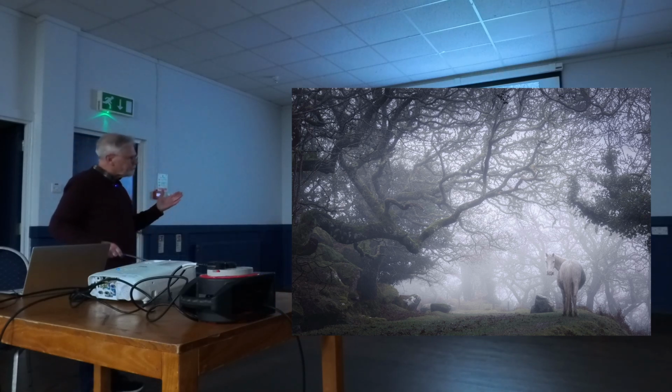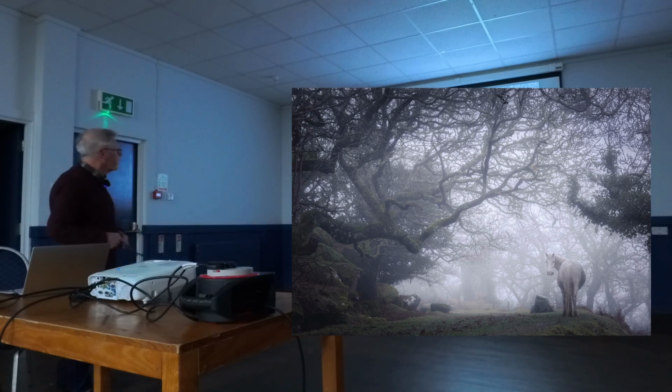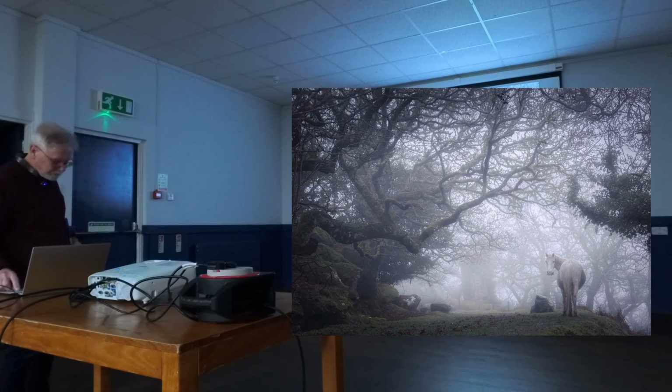You have to remember that when you take a picture, you're trying to show something in 3D, but it's in 2D. So you've got to give it an impression of depth. And of course, the mist does that. And then the horse on the right-hand side and this rock here are balanced in composition by this branch, this tree. And of course, it's like a frame as well over the top of the picture.